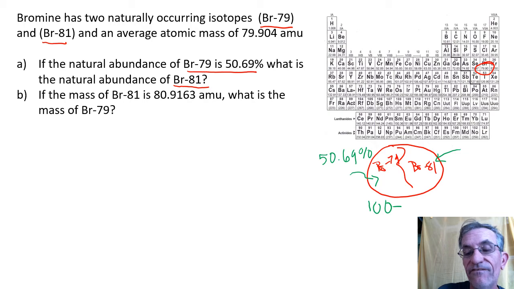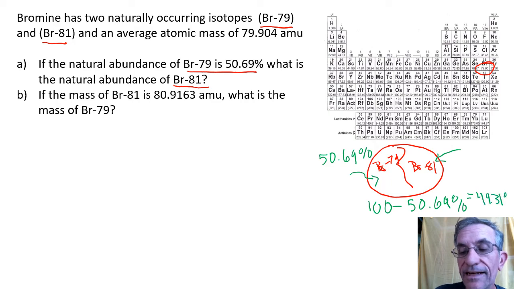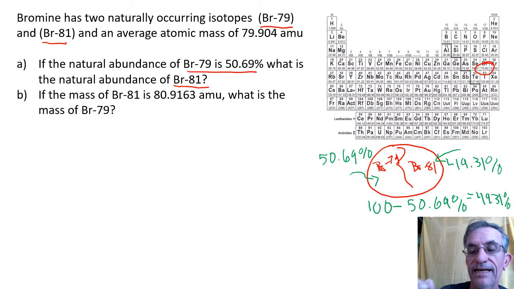So if a little over 50% is bromine 79, the rest is bromine 81. If you subtract, it turns out bromine 81 makes up just under 50%, 49.31%. Okay, so that's the first question.